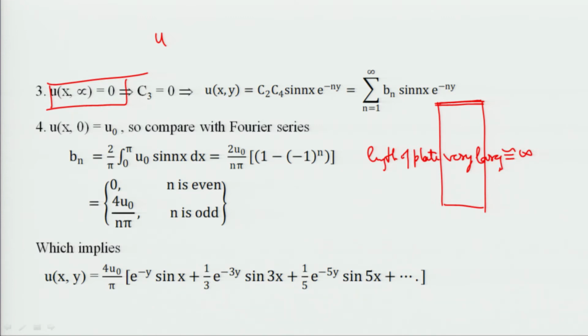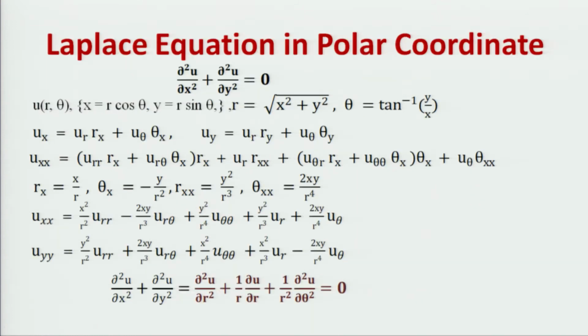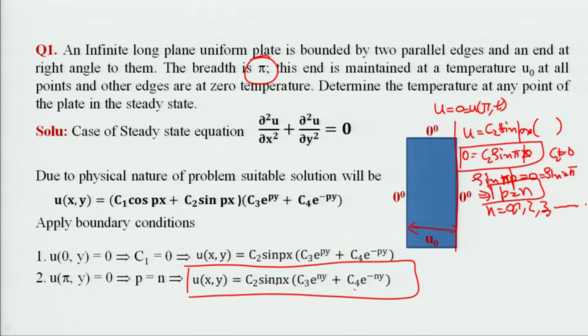When we apply this condition in the assumed solution, the obtained solution is C2 sin(nx), C3 e to the power ny, C4 e to the power ny.